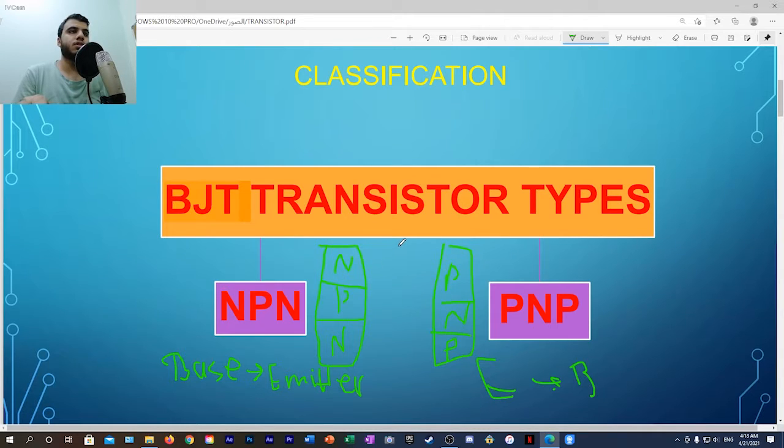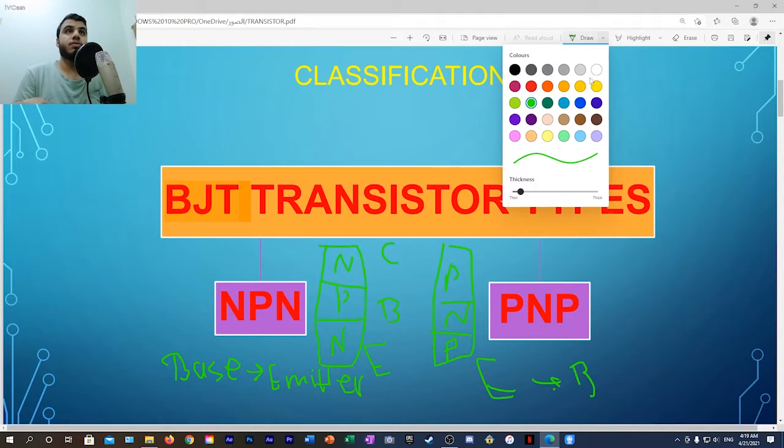Here is the collector. C refers to collector, here B refers to base, and here E refers to emitter. What's the difference?